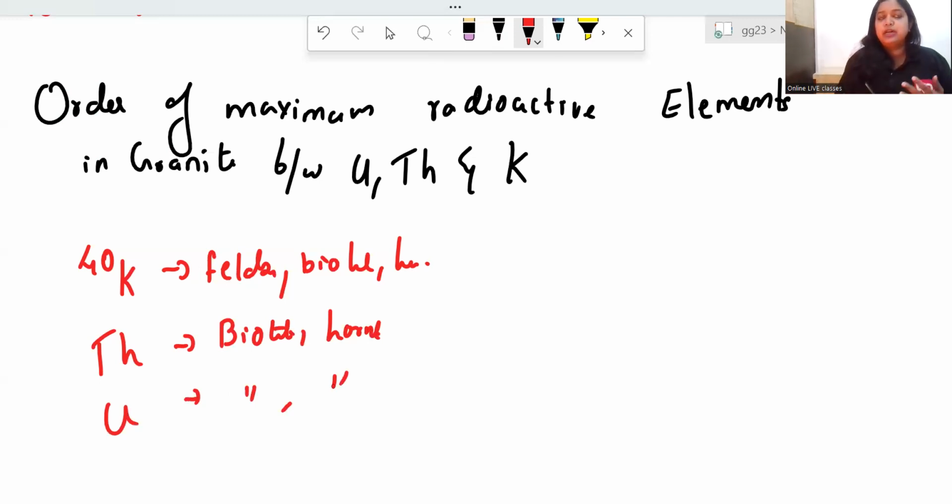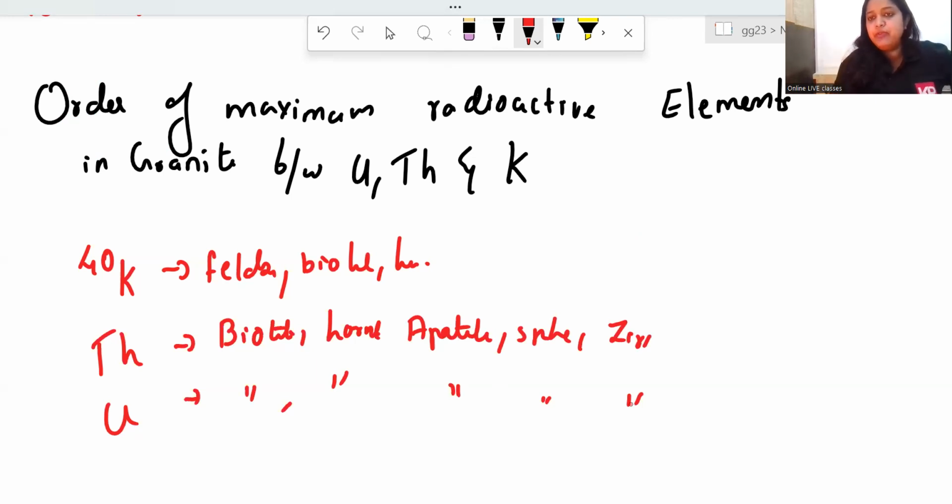Then there are accessory minerals of granite like zircon, apatite, and sphene. These accessory minerals are rich in uranium and thorium and may consist of them.